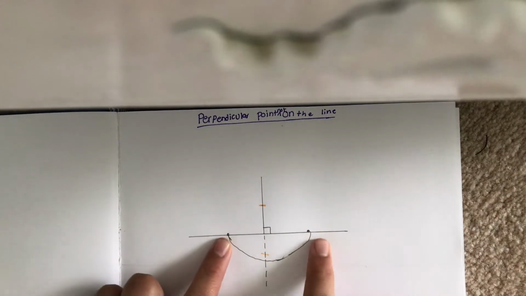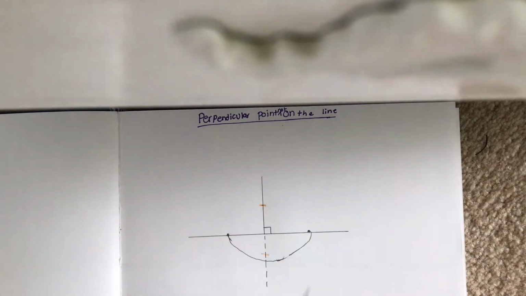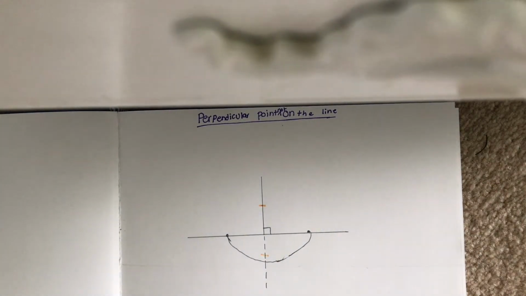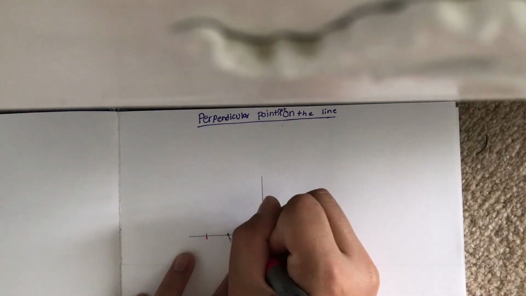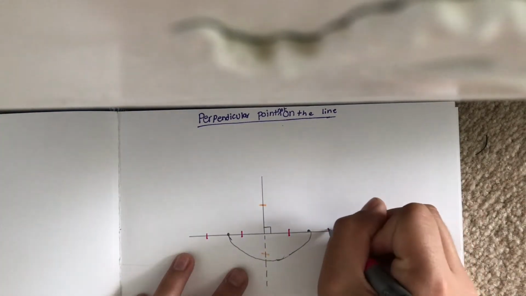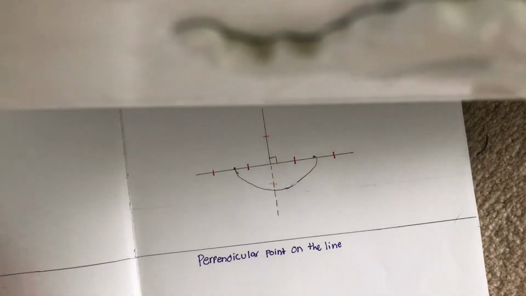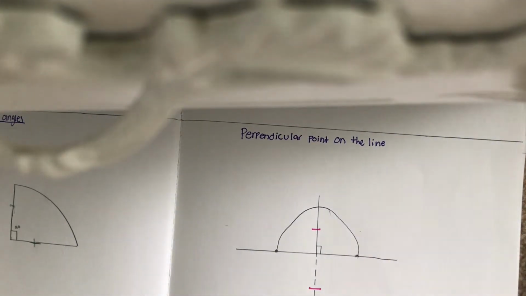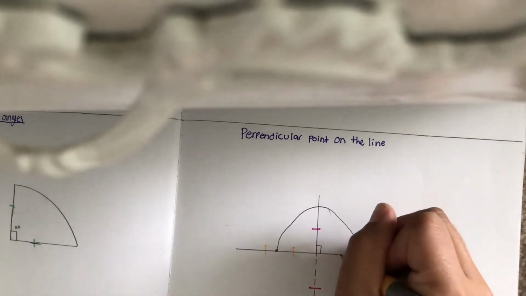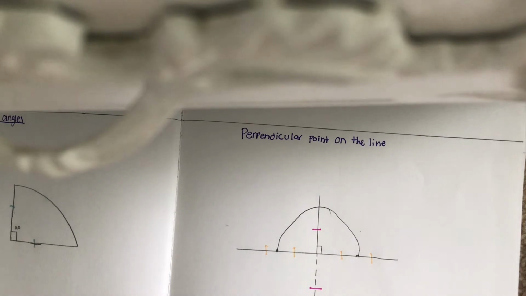Since these are exactly the same length and I made it that way, I will do this actually. Since there's already a pair right here, I'll do this right here. And it's the same with the one not on the line. Here. And right here. It would be closer together, but I kind of forgot.